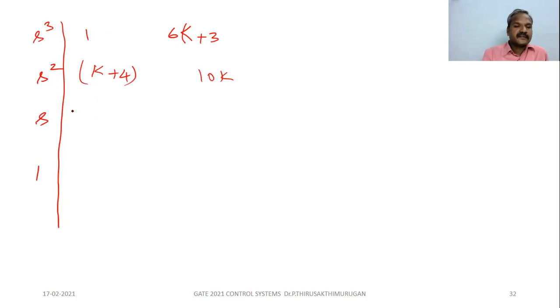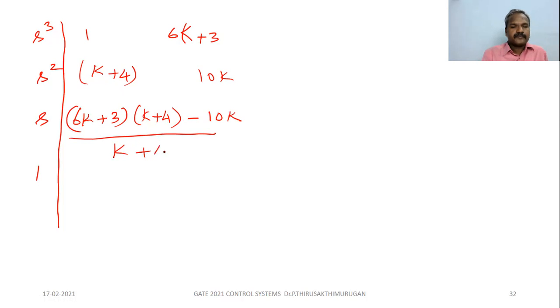So this into this, 6k plus 3 into k plus 4 minus 10k, divided by k plus 4. Okay, so divided by k plus 4. This becomes 0, right?